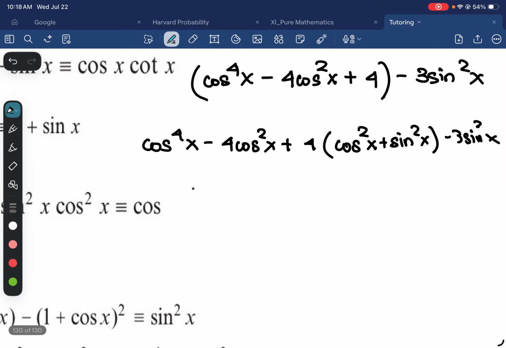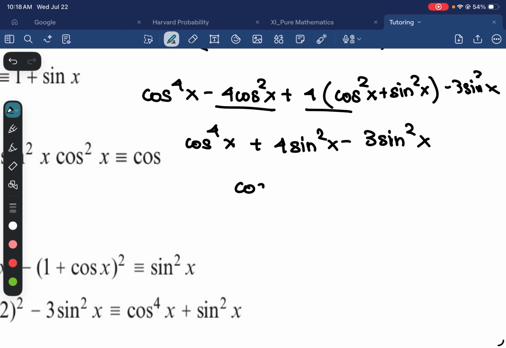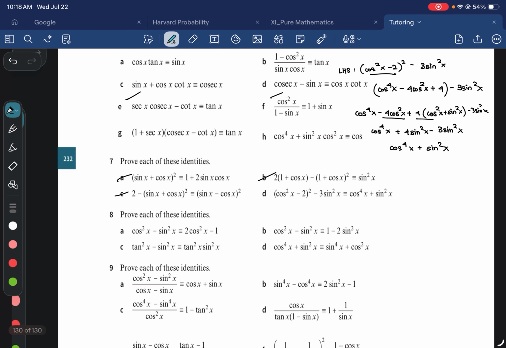So now if you simplify this further, minus 4 cos squared x plus 4 cos squared x is going to cancel out. So you have 4 sin squared x minus 3 sin squared x left. And this is going to simplify to cos 4x plus sin squared x, which is exactly what we have in the right-hand side. And we are done.